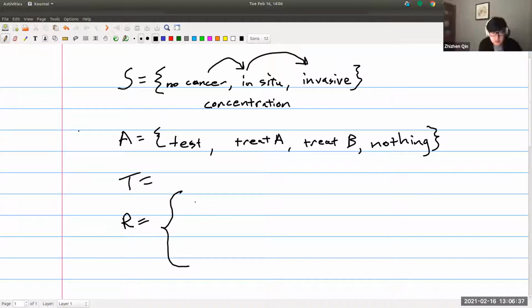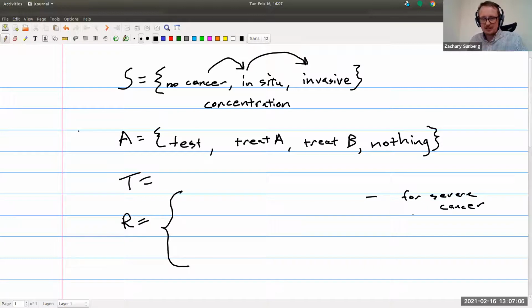I think at a high level, it is basically penalize more for more severe cancer and penalize more for treatment with more side effects, plus the two terms. Okay, so a negative reward for severe cancer. Okay, I like that.